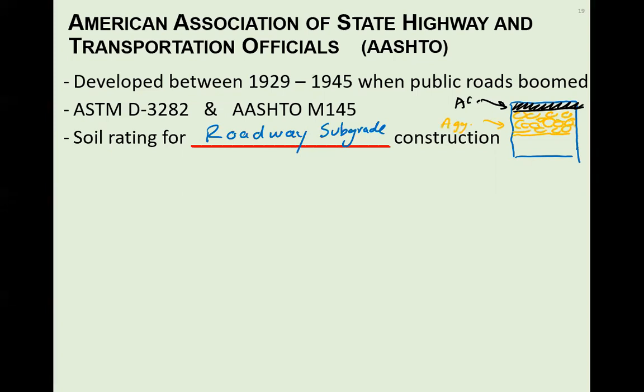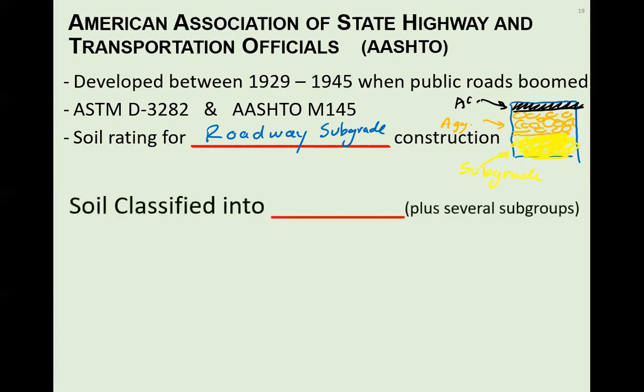Then we would have our layer underneath that, which is either the natural earth or the brought in fill material, and that's our subgrade. So that's what this is meant for. Wow, that yellow sucks. That says subgrade. So what it is classified into is 8 primary groups.